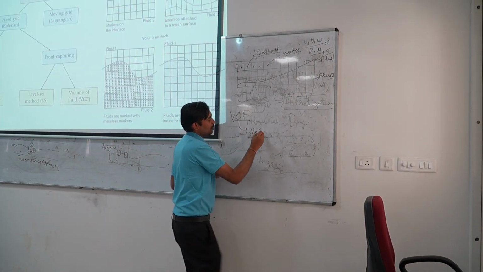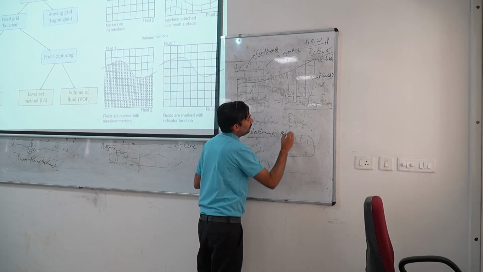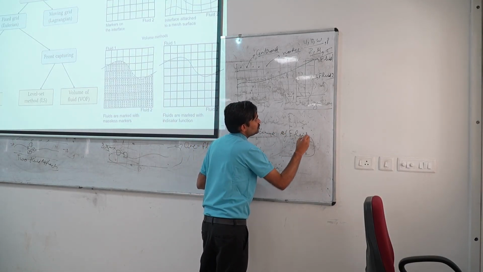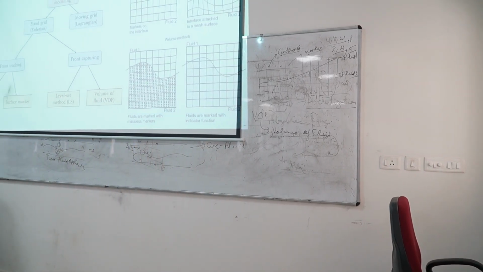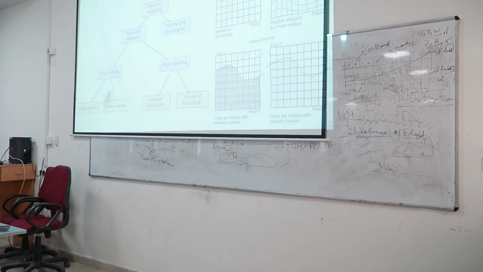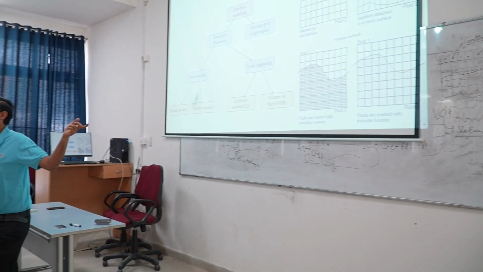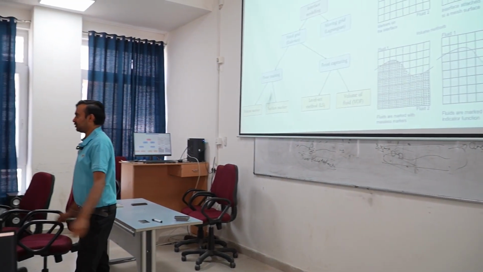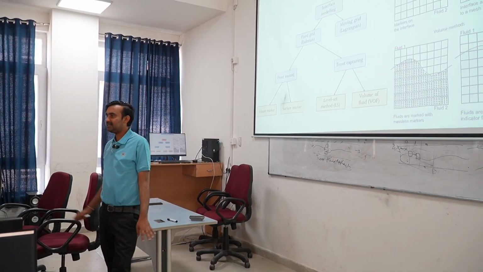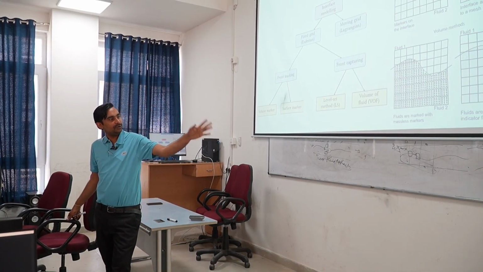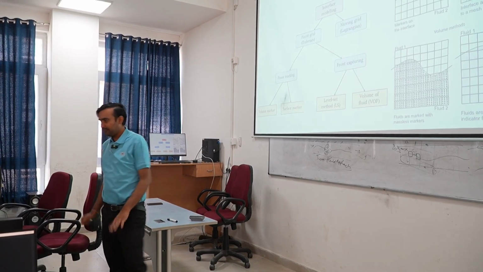VOF is called the volume of fluid method. So the interFOAM solver is based on the volume of fluid method for defining the interface and evolving the interface with space and time. There are a large number of methods available. I am not going to discuss that. Over here I will only talk about the volume of fluid method.